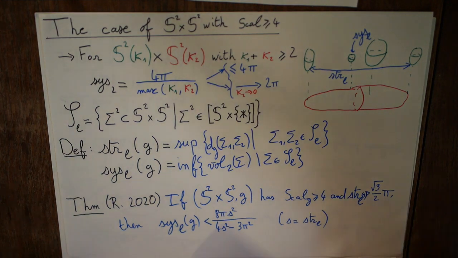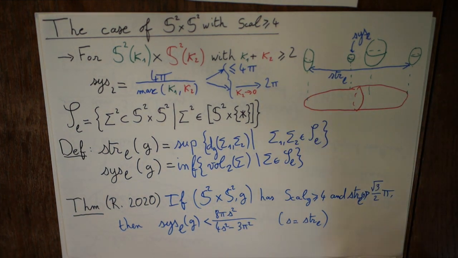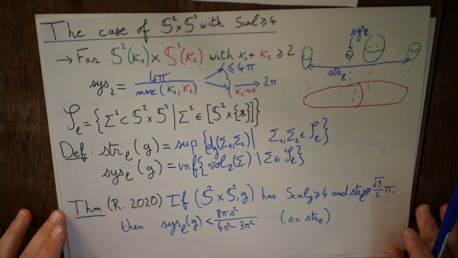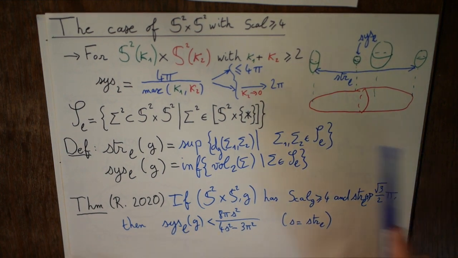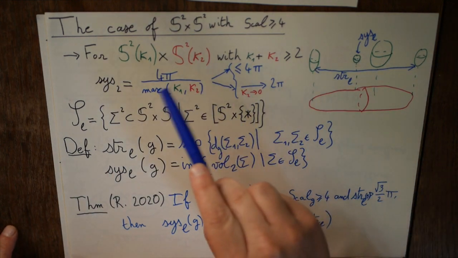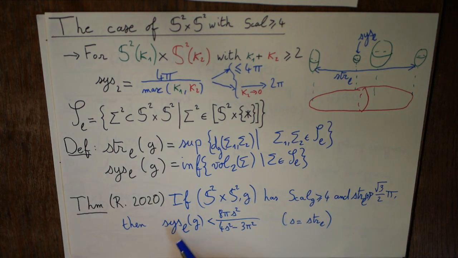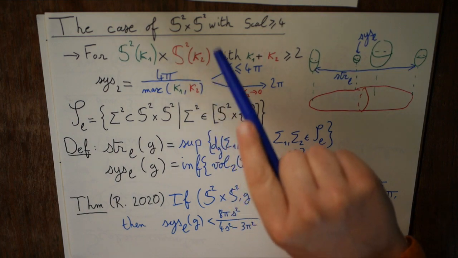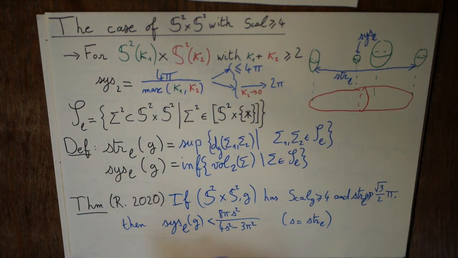So, okay, if we look at this, it is not that great, especially because we have an extra hypothesis on the stretch. But if we look at that one, it's actually not bad, because when s gets bigger, which we would have in that situation when the second factor goes to infinity, then this actually goes to 2 pi. So in the regime where the right factor gets bigger and bigger, this inequality gets sharper and sharper.